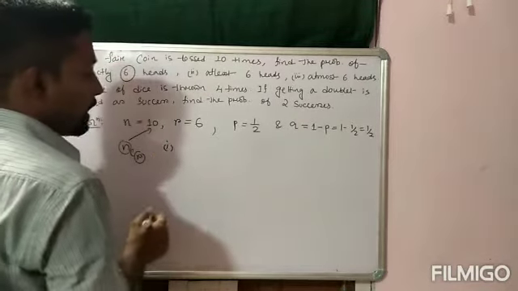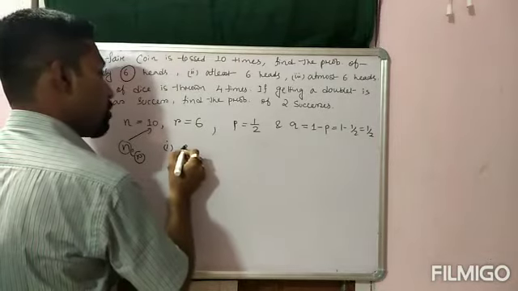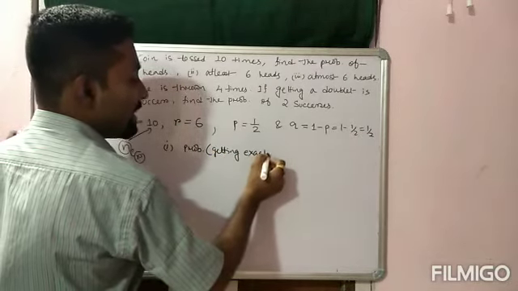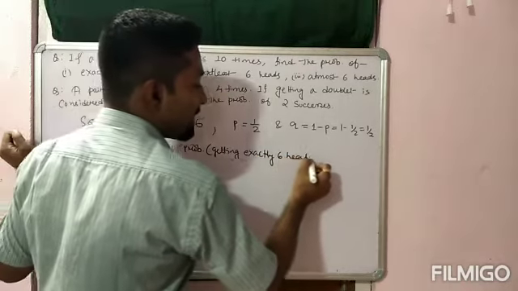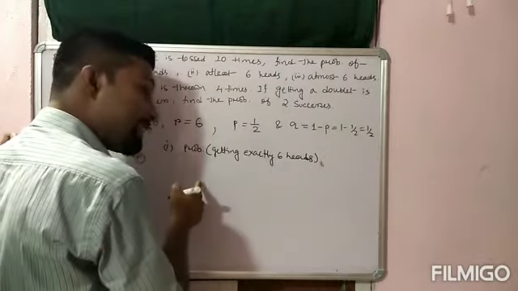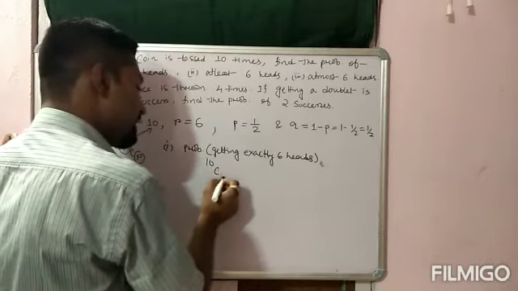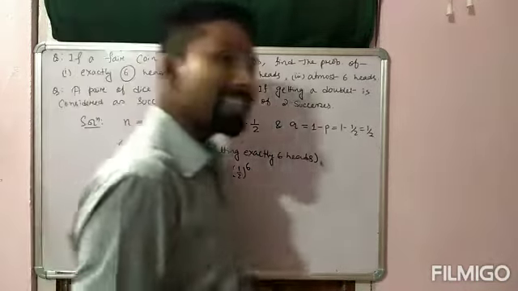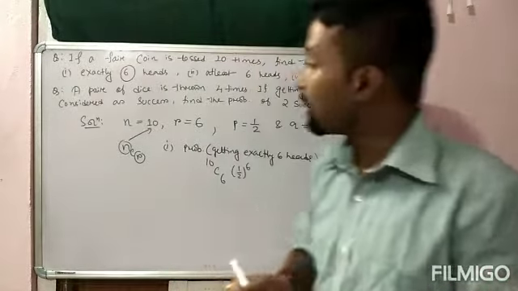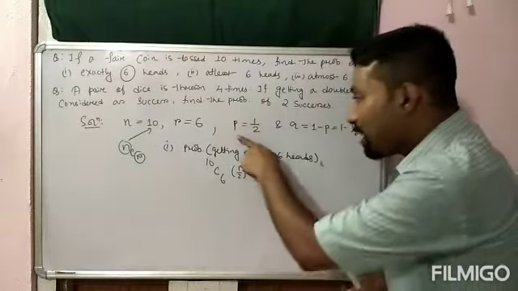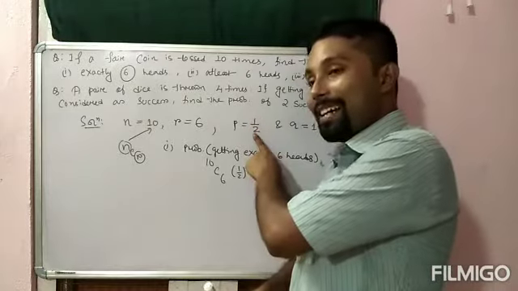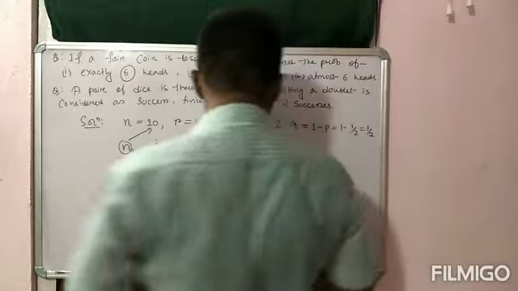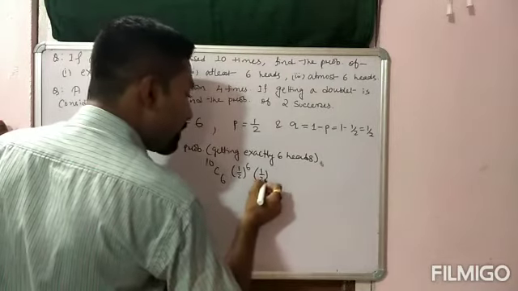So therefore, Roman 1. Probability of getting exactly 6 heads is equal to nCr, where n is 10 and r is 6, that is 10C6, times p to the power r, p is half, so half to the power r. Success is the only thing considered here, not failure. And what is success here? Getting exactly 6 heads. The value of p is half, meaning one toss gives half, so getting exactly 6 heads means half to the power 6. Then into q to the power, q is also half.